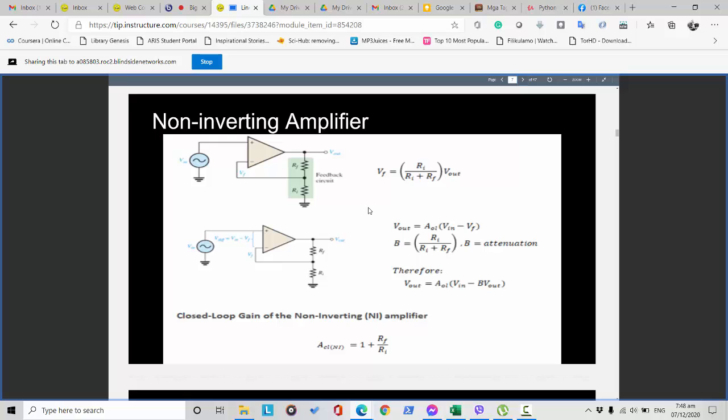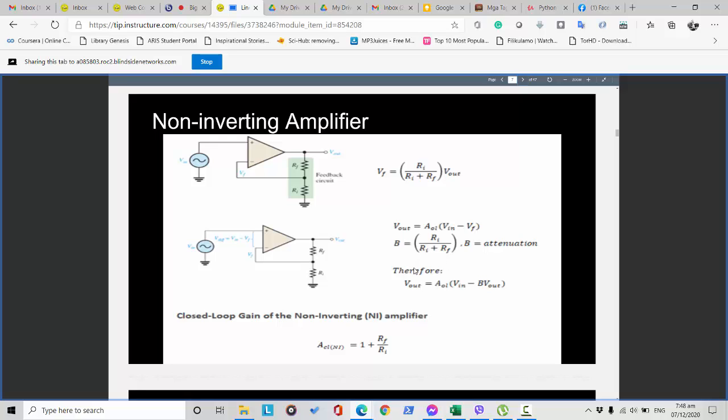Now, from this equation and from this particular non-inverting amplifier, we can also derive the formula for our output voltage. The formula for getting the output voltage will be equivalent to the open loop gain multiplied by the input minus the voltage follower. Okay?